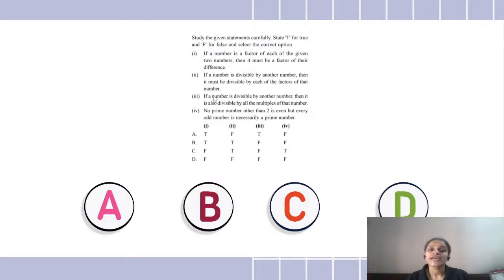Here there are four options given. Which one is true and which one is false? You have to find that out and then finally select the correct option from A, B, C, D, according to the answers you get. So quickly, let's start doing it. I'll wait for a few minutes till you all find the answer and type it in the chat.